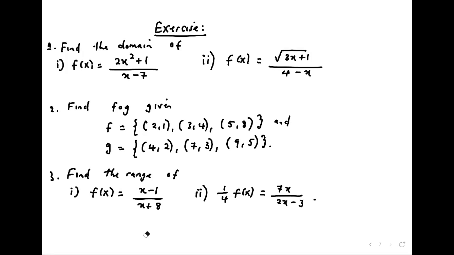And the third one, 2, f of x is equal to 1 over x minus 1 plus 3. Okay, so this is enough.